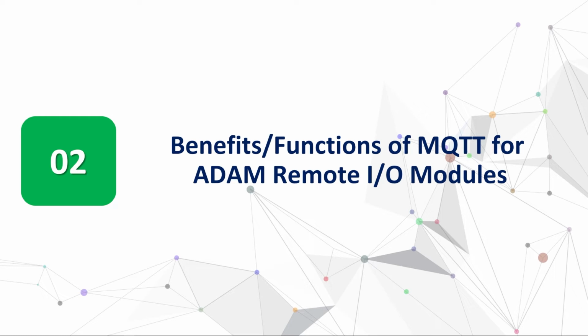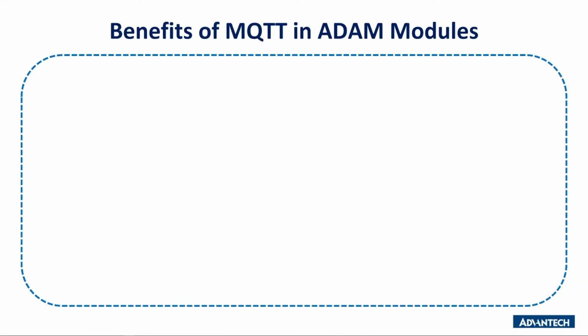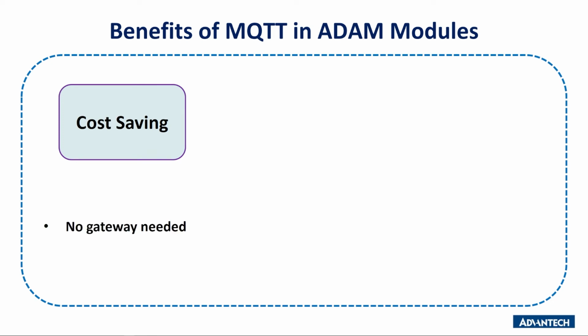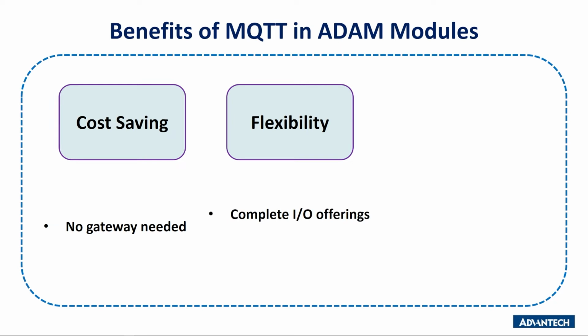Secondly, let's talk about the benefits and functions of MQTT for ADAM Remote I/O modules. In MQTT applications, there are three main functions and benefits for ADAM Remote I/O. The first benefit is cost saving due to no need for a gateway. The second benefit is flexibility, because ADAM-6000 and 6200 series Remote I/O offer complete I/O, and MQTT enables the ADAM-6000 and 6200 series to have flexibility in data and security deployment, which will be addressed in the following pages.